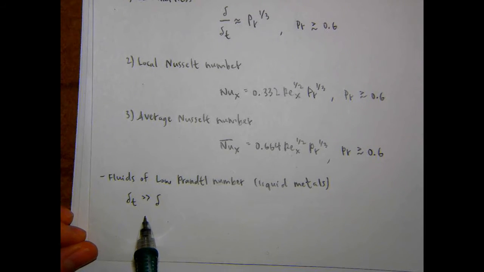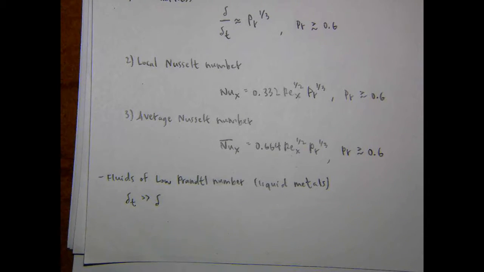So if you think about what that means physically, you have a really thick thermal boundary layer and a really thin velocity boundary layer, and you can essentially say that the velocity in the entire thermal boundary layer is just equal to the free stream. Yeah, because the velocity boundary layer is so thin that it occupies a very small portion of the thermal boundary layer.